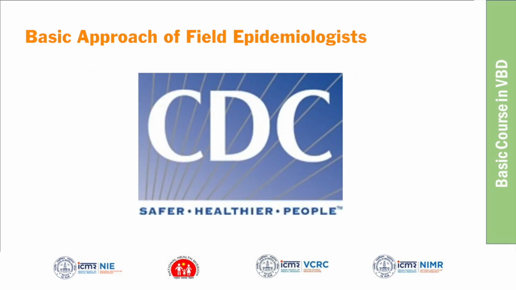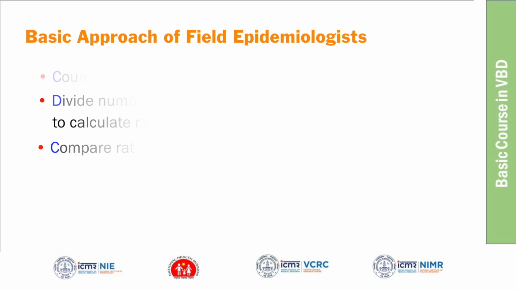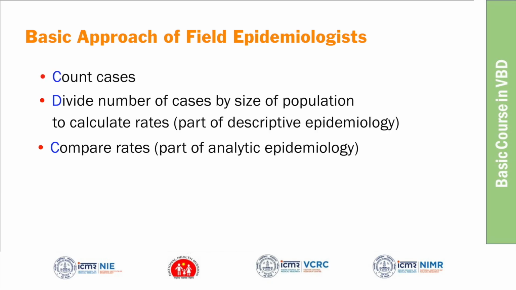So the basic approach that any field epidemiologist takes is the mnemonic that we constantly use here at NIE and overall in all the field epidemiology trainings is CDC. So many of you may be knowing CDC as Centers for Disease Control in Atlanta, but for field epidemiology, CDC also means count, divide, and compare. So for any epidemiologist, it is important for us to count the number of individuals with the health-related event of interest.